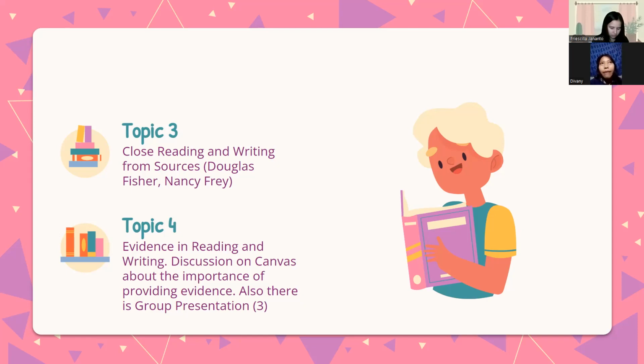They must use evidence, and then we learned about fact, belief, and opinion, which is useful for us to separate their functions in this digital literacies.